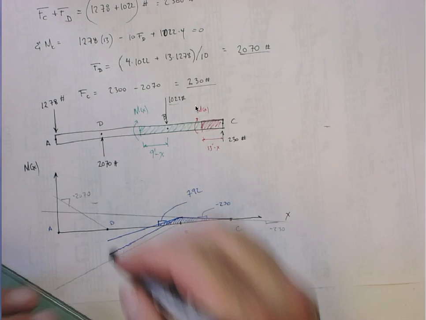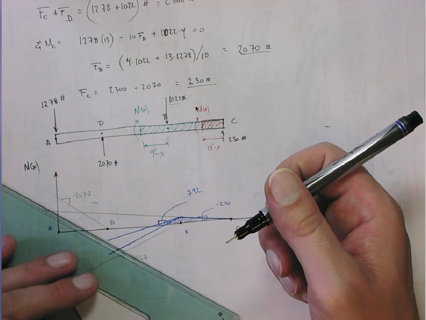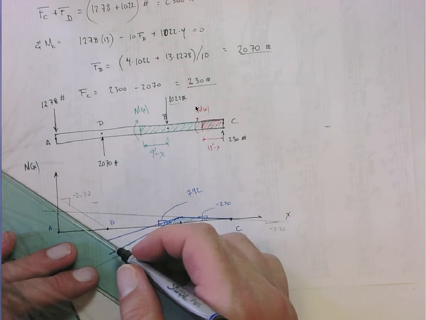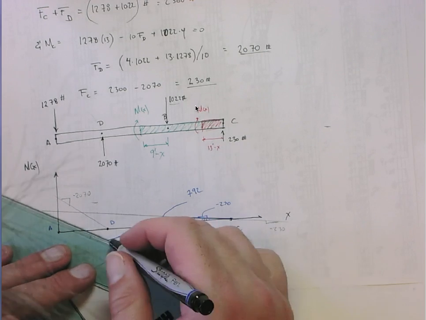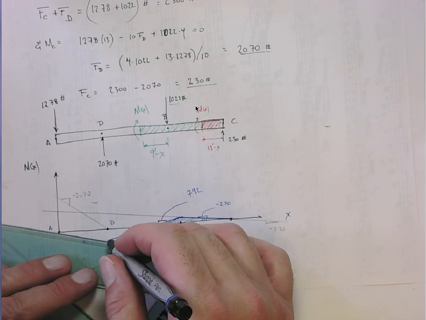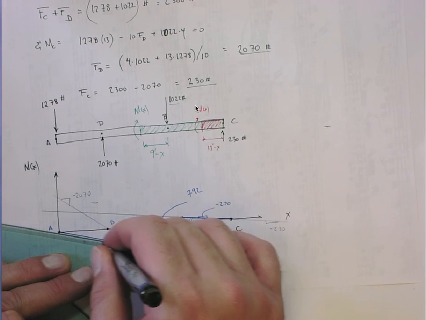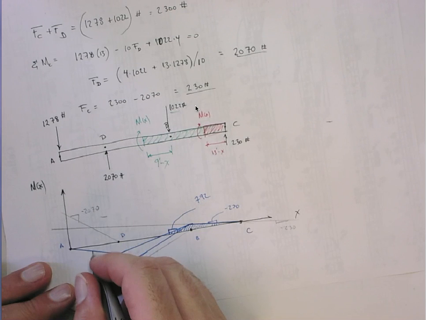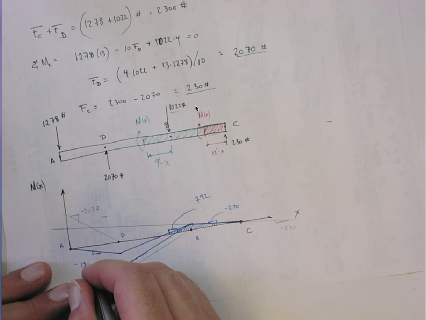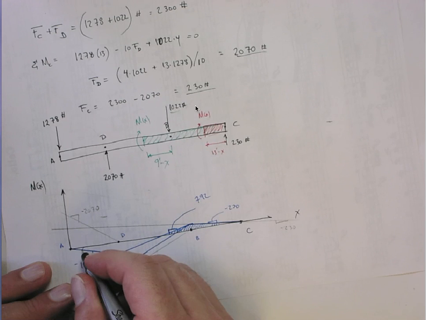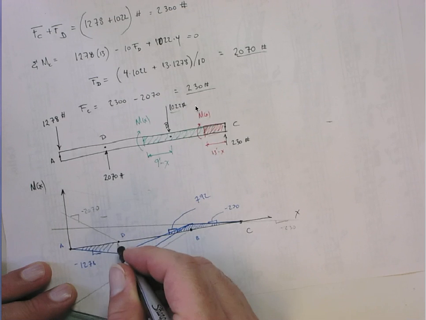So that gives me a minus 1278. So this is going to go from this point up something like this. And then I know it goes to 0, right? It has to go to 0. And this one's going to have a slope of minus 1278. So the total bending moment diagram looks something like this.